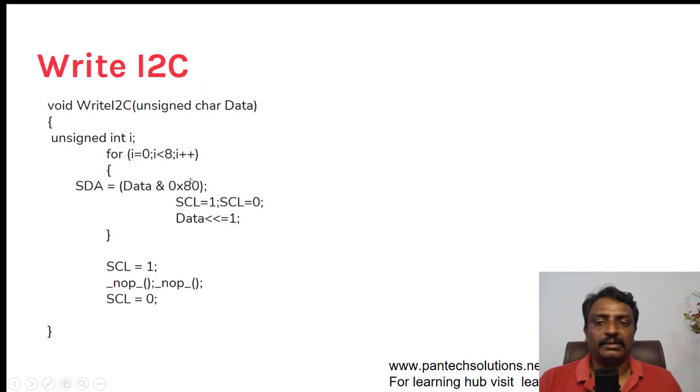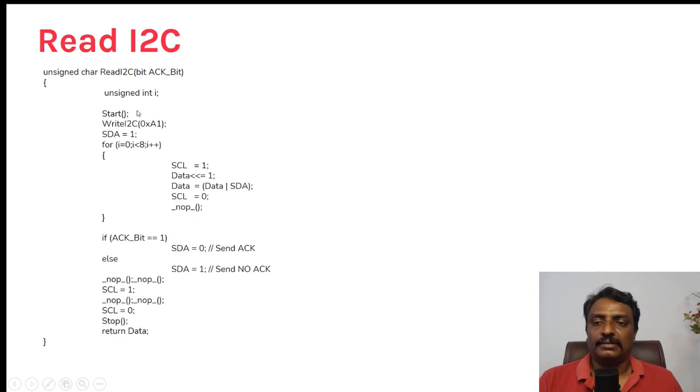So the data you put with 80, you will get the MSB as 1, and this will continue for all 8 bits. You have to pass all the data. Every time you shift the data by one shift, and you put SCL equal to 1 and SCL equal to 0. So this is to write.